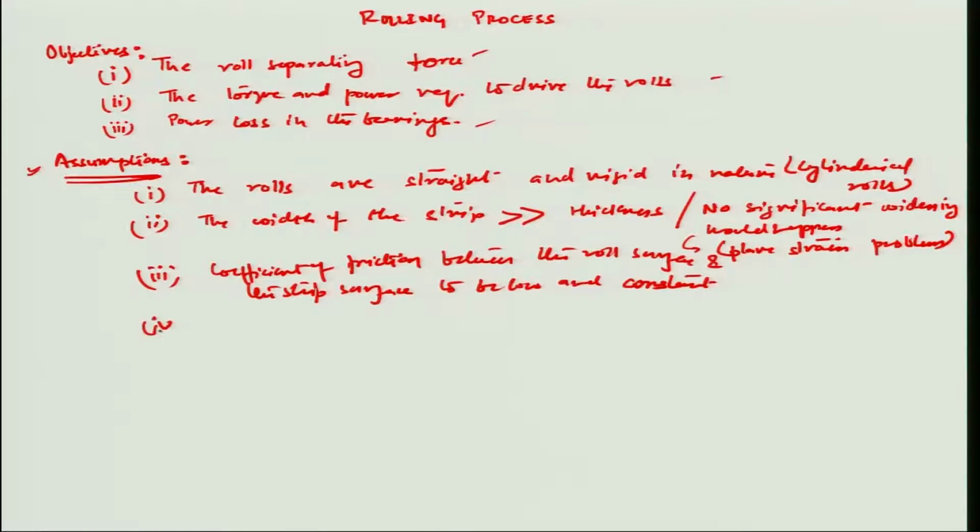Further, we assume that the yield stress of the material remains constant for the entire operation. We are not having a changed yield stress because of strain hardening or other issues, and we would just like to have an average constant value of yield stress of the material.